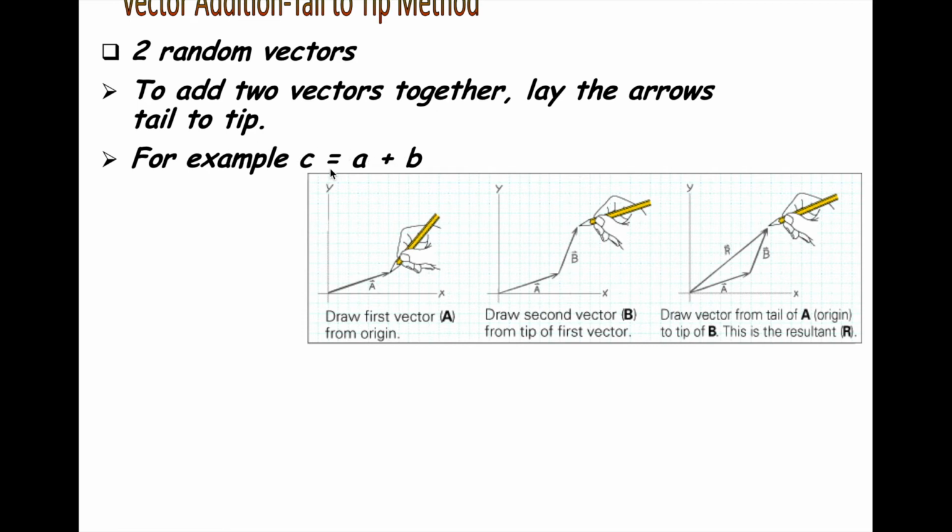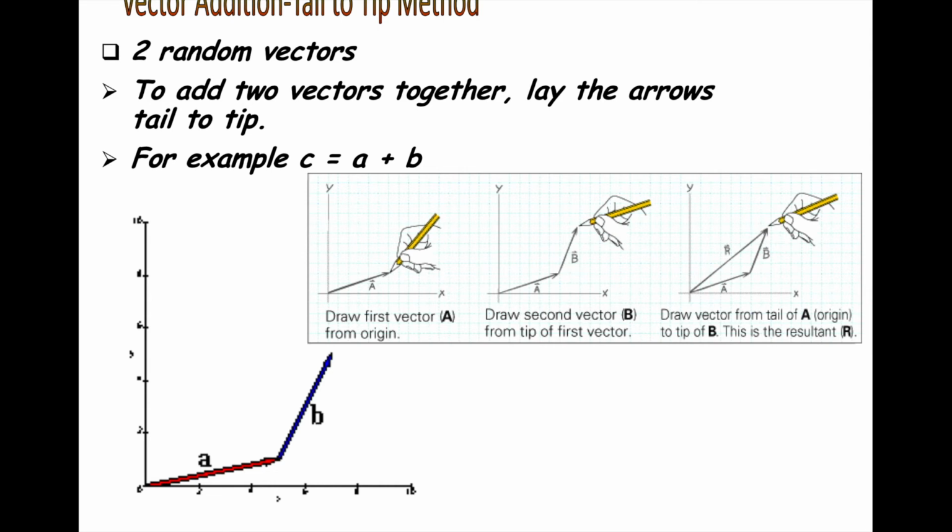Say vector C is equal to vector A plus vector B. So you draw the first vector, in this case vector A, and then you draw the second vector, vector B, starting from the tip of vector A, and then you draw the resultant beginning from the tail of vector A to the tip of vector B. Okay, there you go.